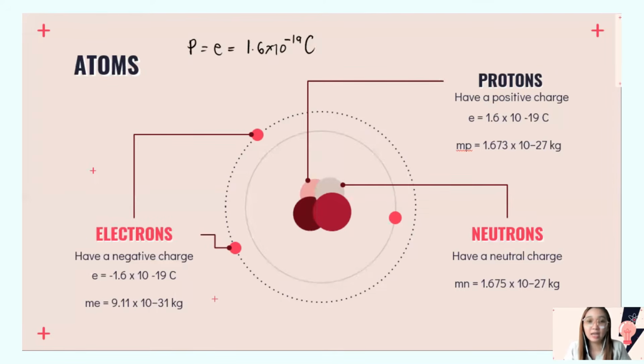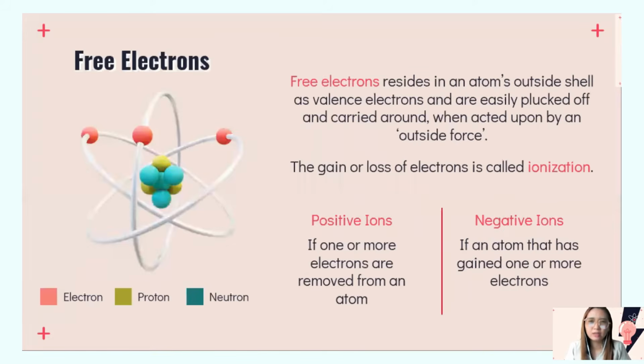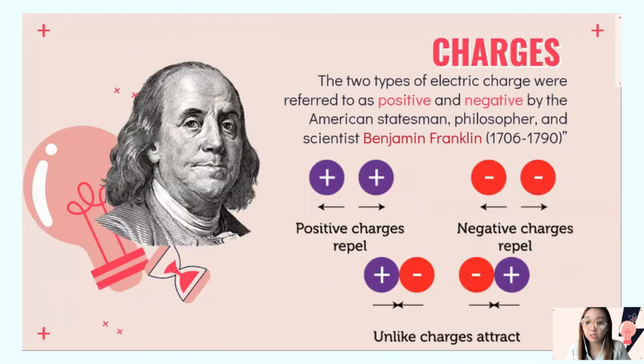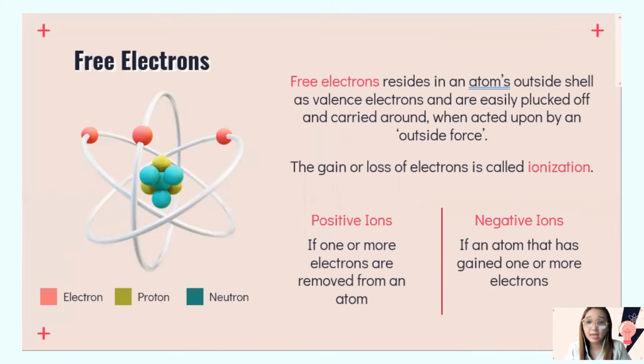Electrons could be noted as free electrons. These free electrons reside in the atom's valence shell or outside shell, and are easily plucked off and carried around when acted upon by an outside force.